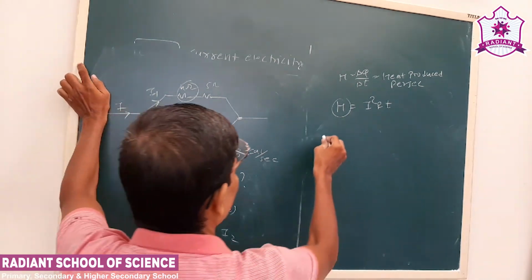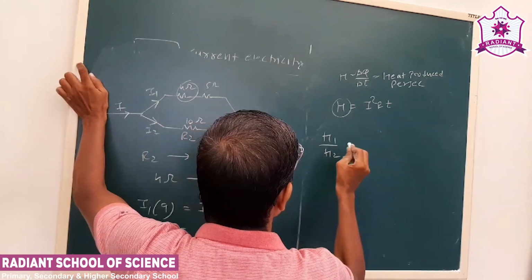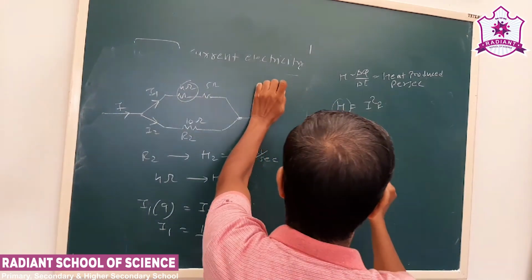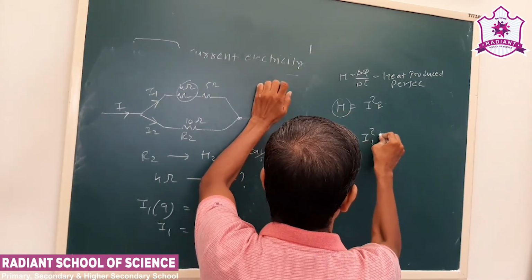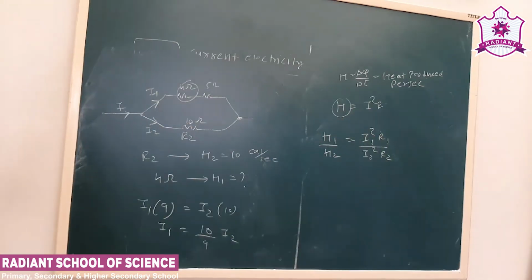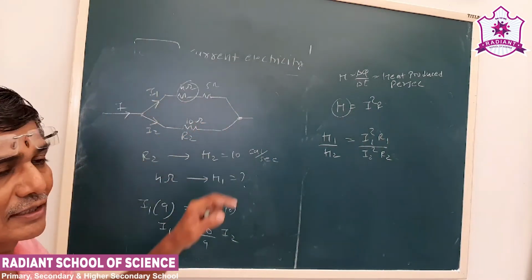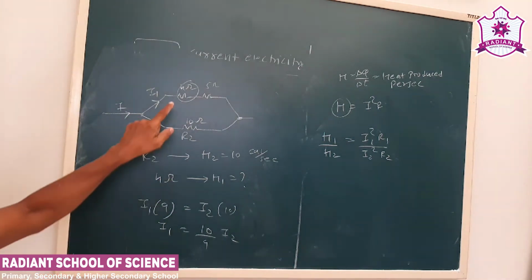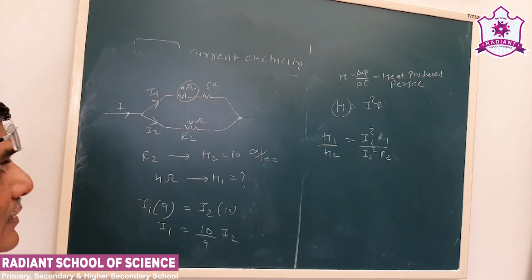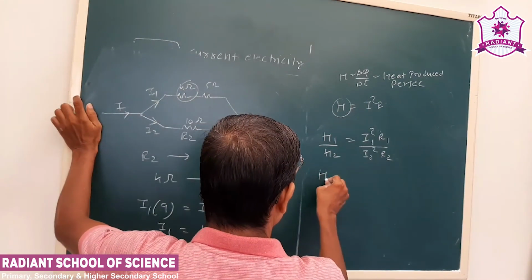So H1 upon H2. Time is same, 1 second given. Now in series current remains same. So either it is asked in 4 ohm or 5 ohm, we will get the same answer. So now H1 we have to find out.